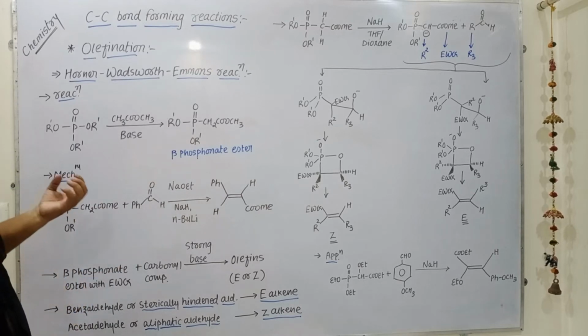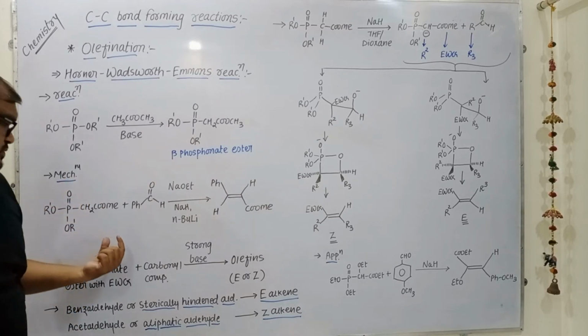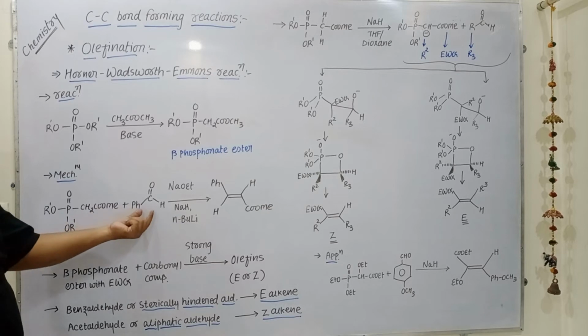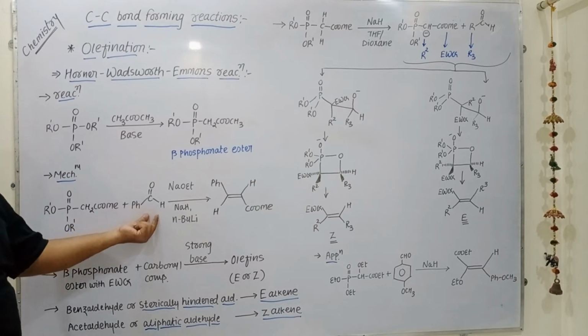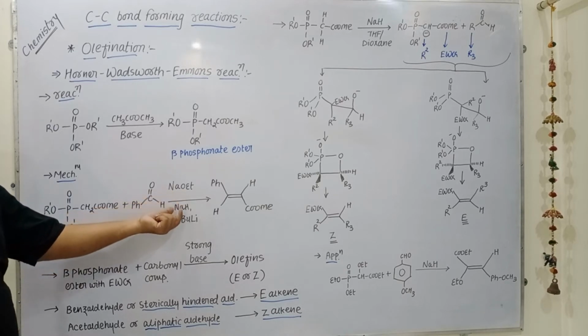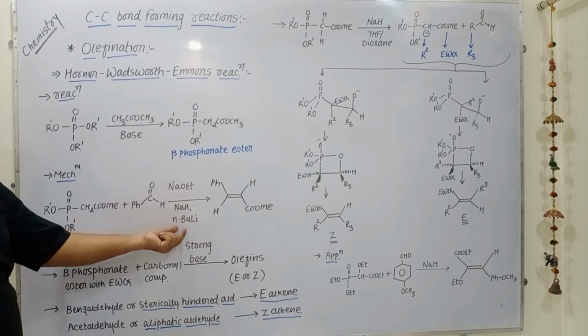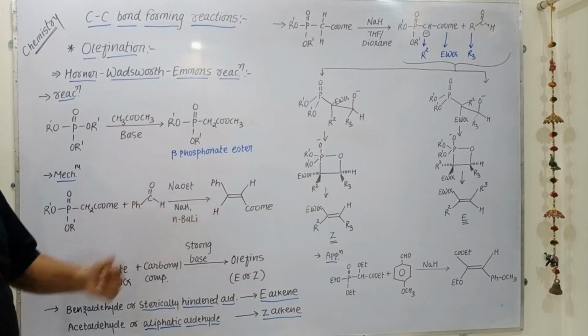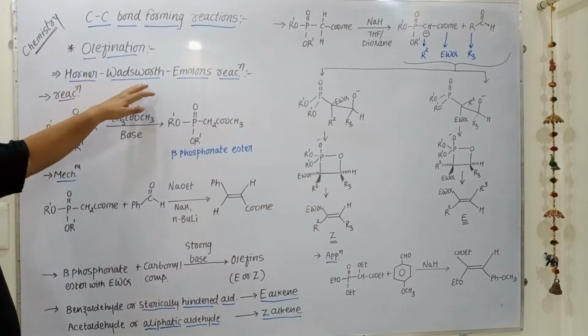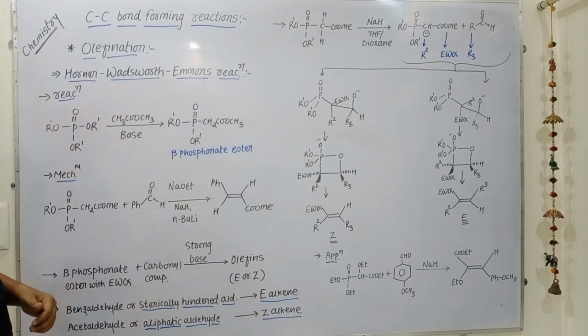Now how is this reaction carried out? So when this beta phosphonate ester with this electron withdrawing group reacts with carbonyl compound, whether aldehyde or ketone, in presence of strong base such as sodium ethoxide, sodium hydride, n-butyl lithium, and we will get alkene or olefin as a product, then such reaction is known as Horner-Wadsworth-Emmons modification reaction.